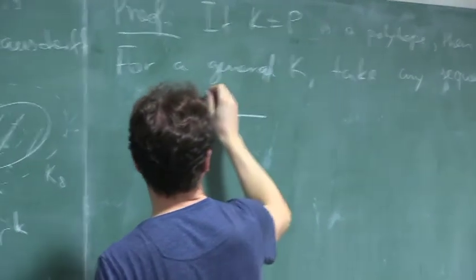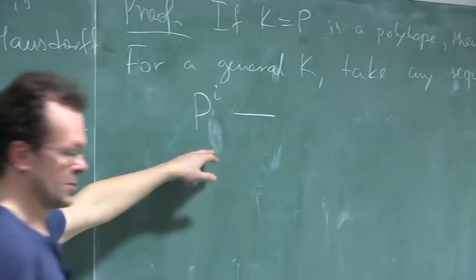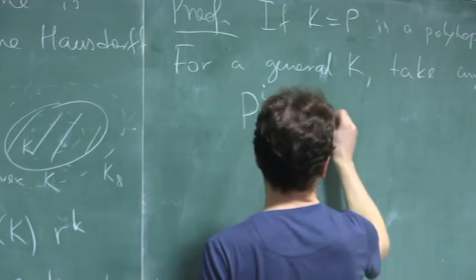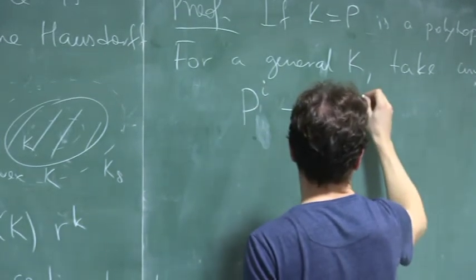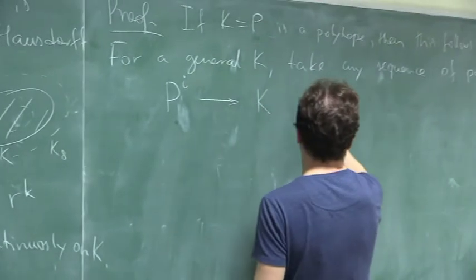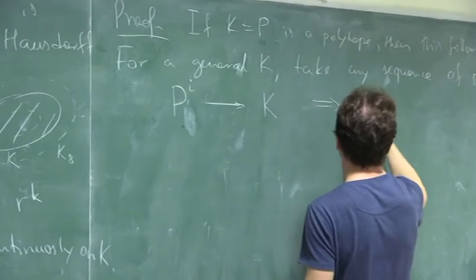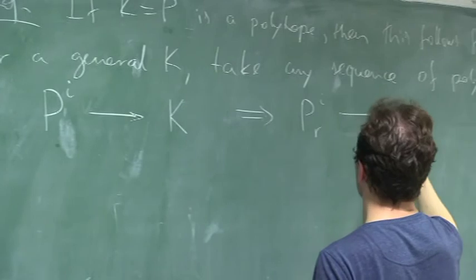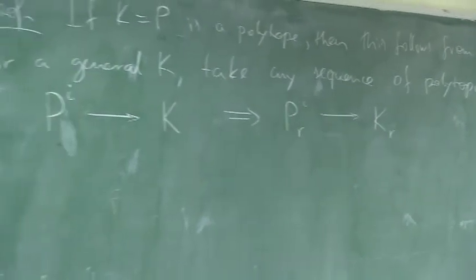I will put the indices of the sequence above, because I will need to take the R neighborhood. So P^i converges to K in the Hausdorff metric. But this implies that the R neighborhoods of these polytopes also converge to the R neighborhood of the body K.